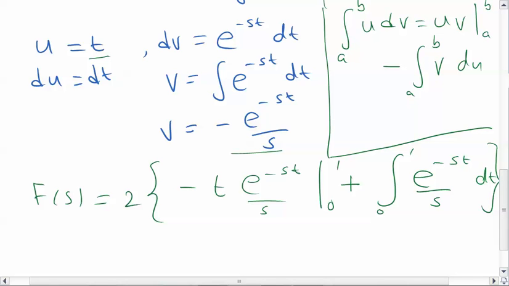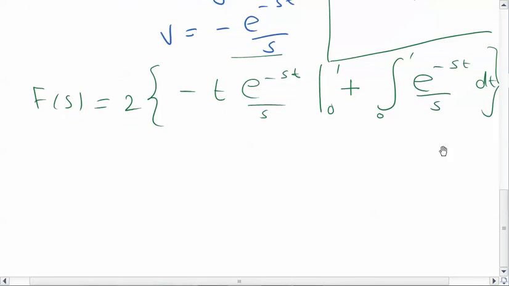All right, so let's look at the limits, the first limits. This is going to be equal to 2 times, when I put t equals 1, you get minus e to the minus s divided by s. That's when I put the top limit. When I put 0, I will get 0 because there is a t here. When you put t equals 0, the entire expression becomes 0.